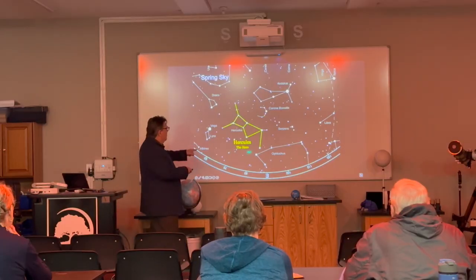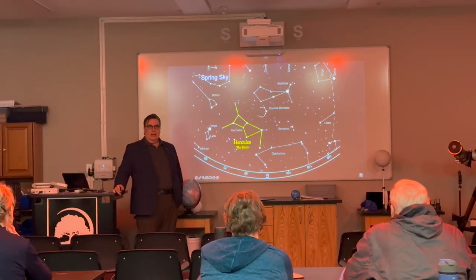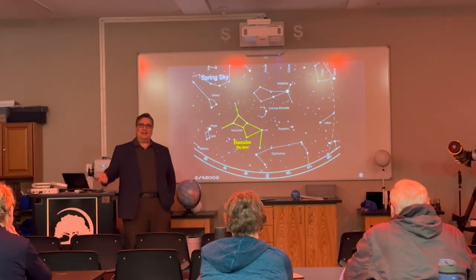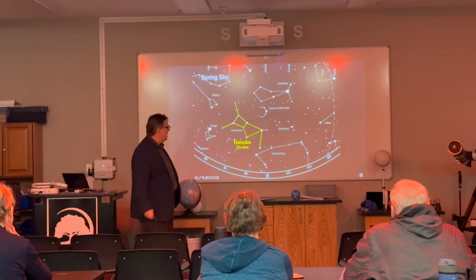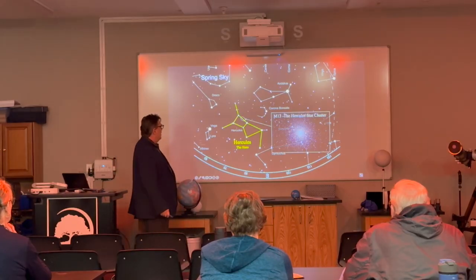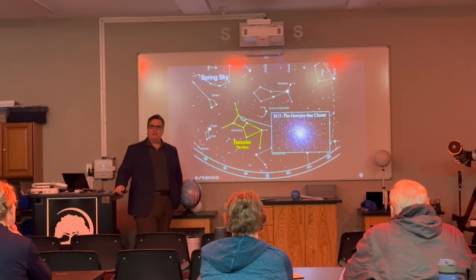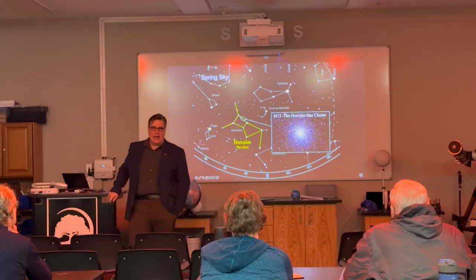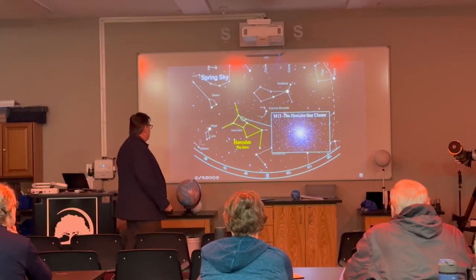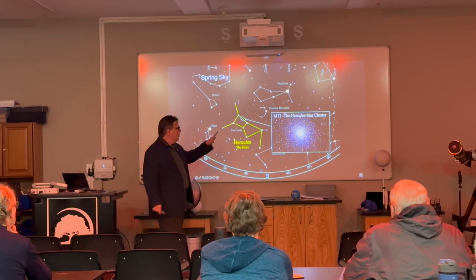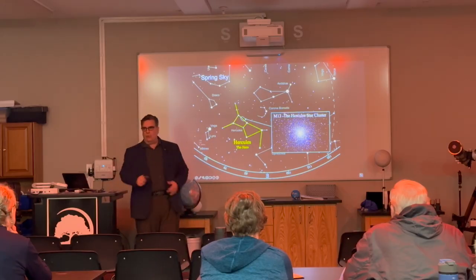Right down here we have Hercules the hero. Very famous hero in Greek mythology. Unfortunately, the constellation isn't that bright. But right in the side of Hercules, we have perhaps the greatest of all the globular clusters, M13, the Hercules star cluster. It's only 22,000 light years away. Very, very dense.